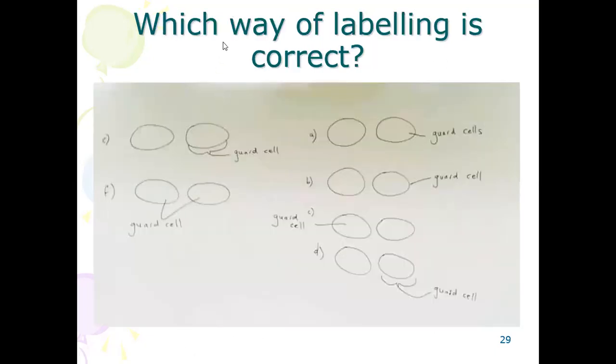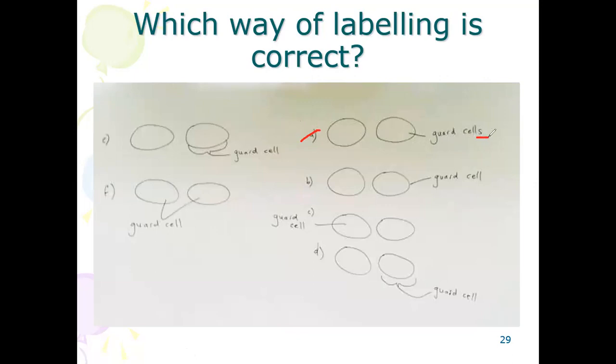Now, this one is drawn by an examiner who came to Taylor's College and gave training to the teachers. The examiner drew one, so I took a photo of the whiteboard that she drew on. Now, she illustrates different ways of labeling by students that you can see in students' answers in the exam paper. A is wrong. Can you see or not?